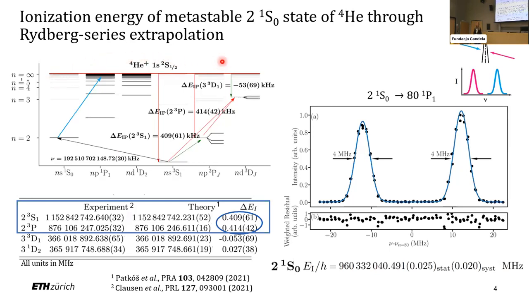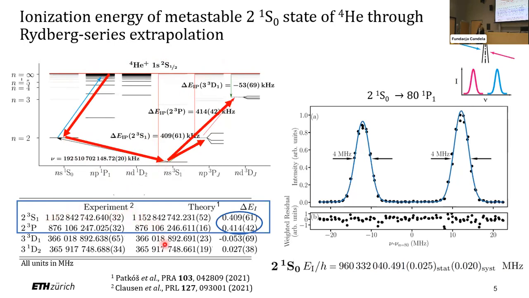Then, combining our result for the ionization energy of the singlet 2s state, we could use a whole thermodynamic cycle to extract ionization energies also for the triplet states. This was done using also the measurement for the triplet 2s to singlet 2s transition measured in Amsterdam.